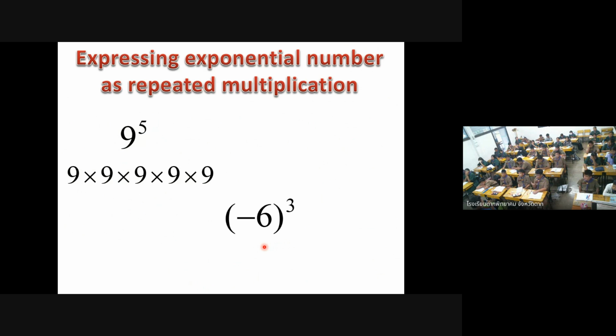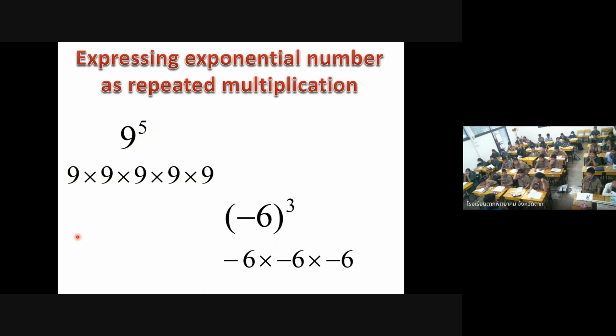So if we're going to write this as repeated multiplication, negative 6 times... Again, there's a parenthesis, therefore the base would be the negative number 6. So we have here negative 6 times negative 6 times negative 6.